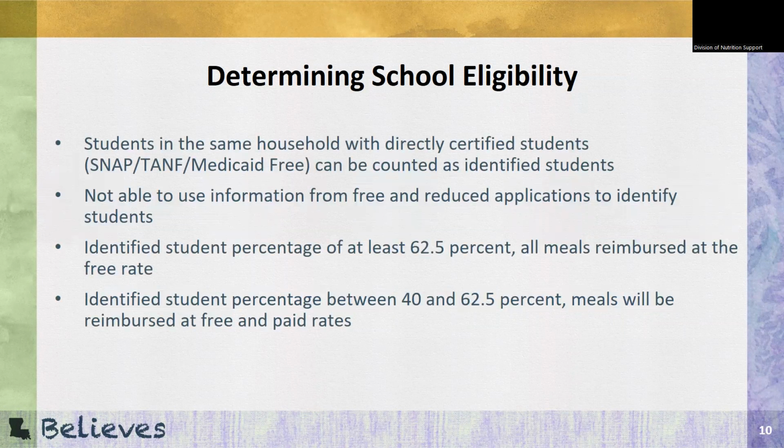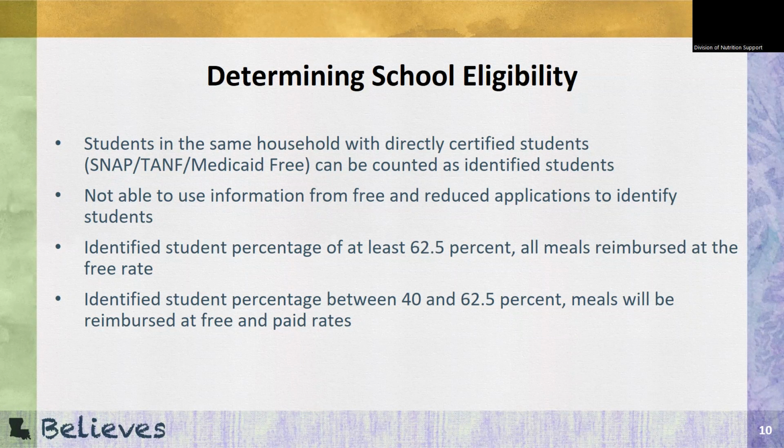A few quick points for SFAs to remember in determining school eligibility are students in the same household with directly certified students, such as SNAP, TANF, or Medicaid-free, can be counted as identified students. SFAs are not able to use information from free and reduced applications to identify these students.